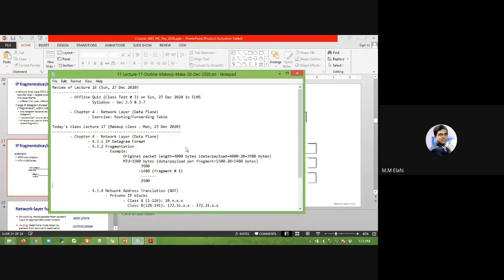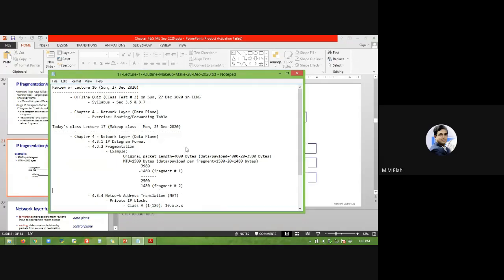Again you subtract further 1480 for the second fragment, because this should be the second one. Just I am showing you how you should think. This is easier to understand, so that's why I am showing in this way. So this is fragment number 2.